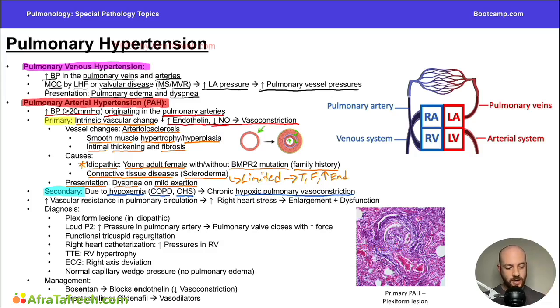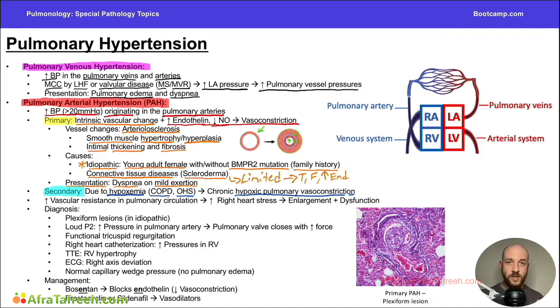So if we just draw in our alveoli here, if the partial pressure of oxygen within this alveoli is low, this is going to result in vasoconstriction of these arterioles and the pulmonary artery here, and this is going to result in secondary pulmonary arterial hypertension.